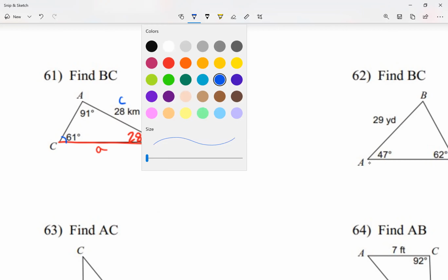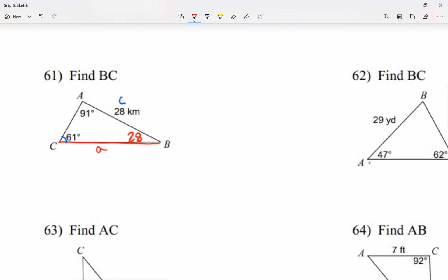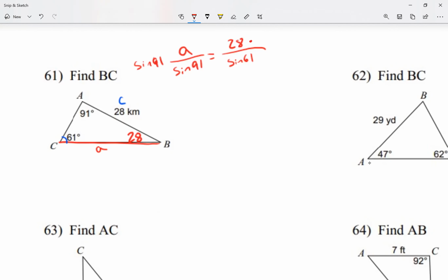So the way I'm going to solve this, I'm going to say A, which is the side I'm solving for, A over sine of 91 is equal to 28 over sine of 61. Let me multiply both sides by sine of 91. All right, so let me bring out a calculator.